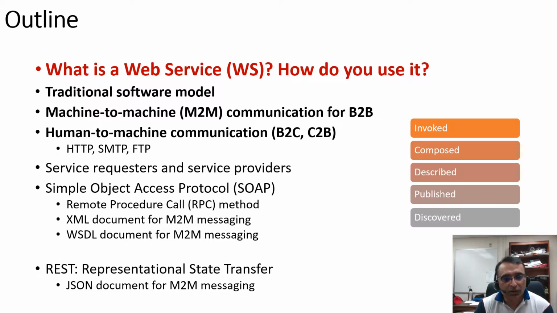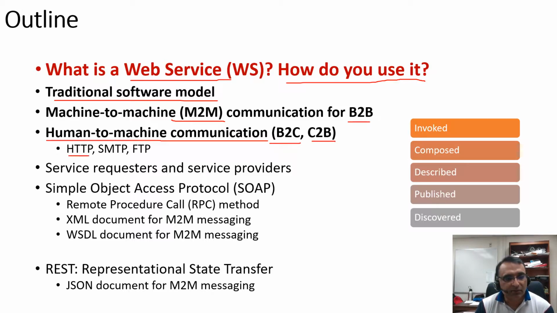So first of all, outlines. We are going to talk about the web services. How do we use a web service? We will also quickly take a look at traditional software model. We'll also take a look at machine to machine, M2M, which is used for business to business settings, and then human to machine communication like B2C, business to customer, or C2B, customer to business.